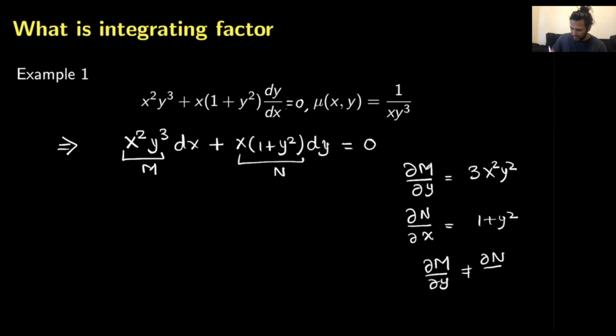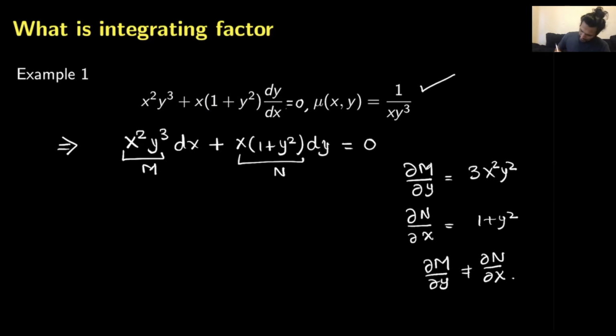Now to fix the exactness, there may be a function mu. If we multiply that function on both sides, it will fix the non-exactness of the differential equation. And in this case, this function is given, but in most cases we have to find this function. So let's first verify whether this function is an integrating factor or not.